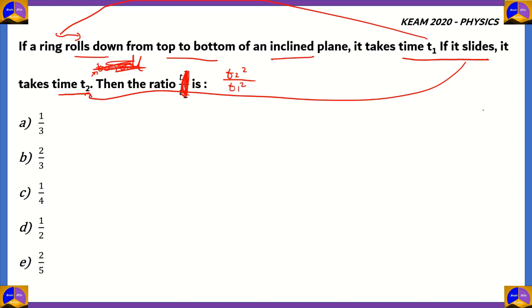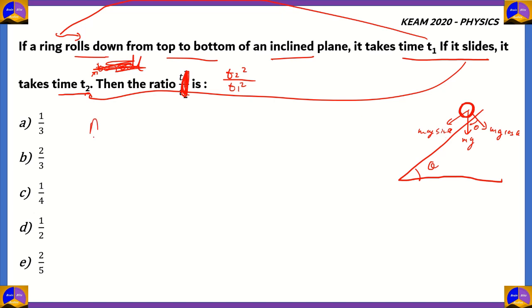Now, let's draw the ring on an inclined plane. So in the sliding example, the ring weighs mg, and when we break it into its components, it'll be mg cos theta and mg sine theta.